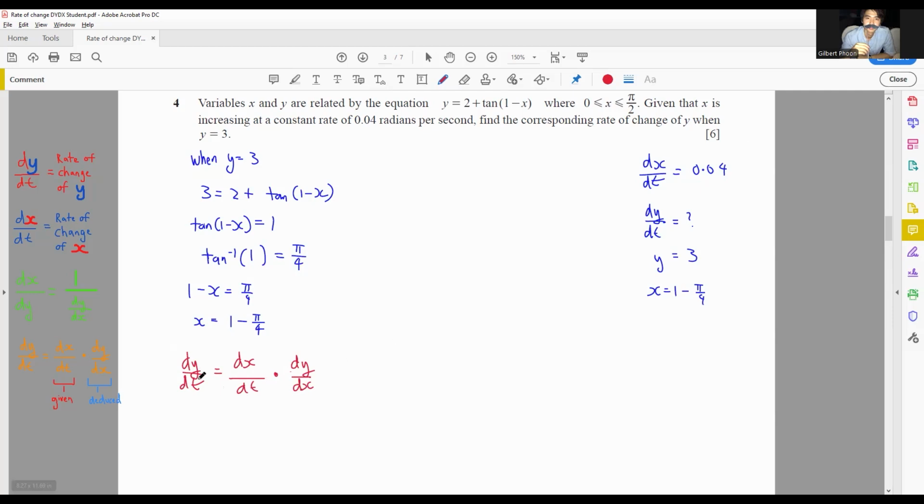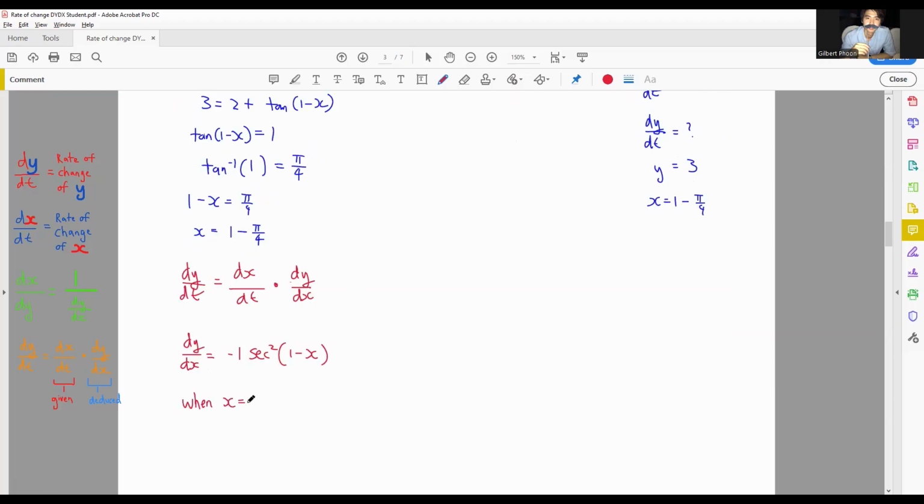So to find dy/dx, now we're going to differentiate this. dy/dx is equal to, differentiate 2 to nothing, differentiate tangent, you have secant squared of (1 minus x), then you differentiate the inside, you have negative 1. Here x equals 1 minus pi over 4. Substitute this into this value here. dy over dx is negative of 1.